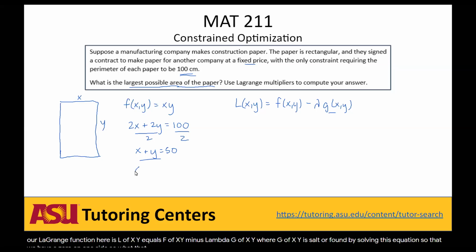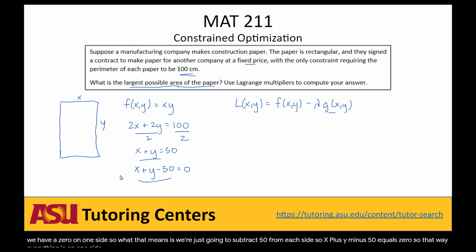So we're just going to subtract 50 from each side: x plus y minus 50 equals 0, so that everything is on one side. And that will equal our g of x, y.